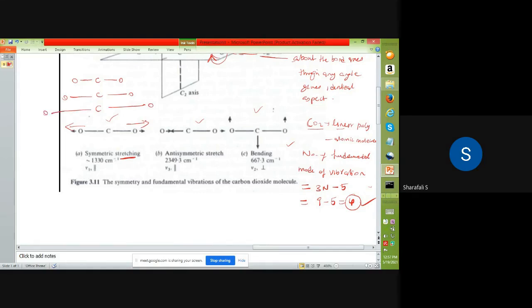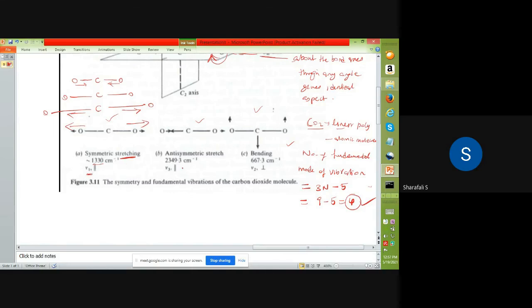This is called symmetric stretching, and it is happening at 1,330 centimeters inverse, and it is called the mu1 frequency.